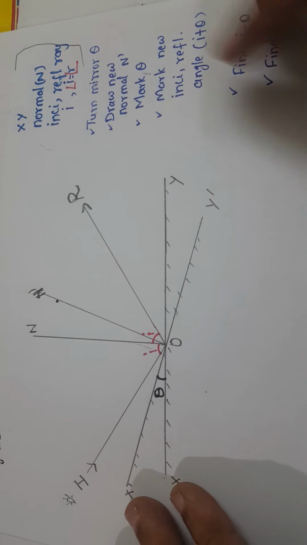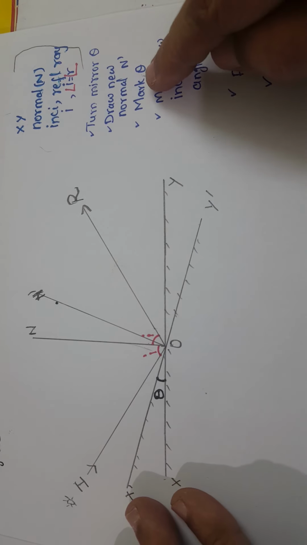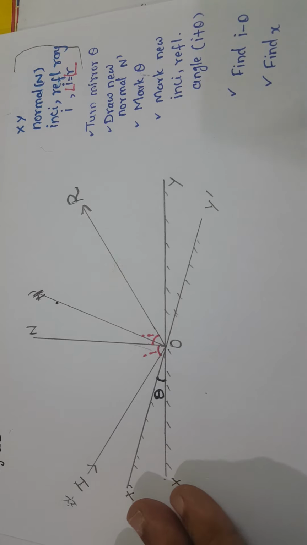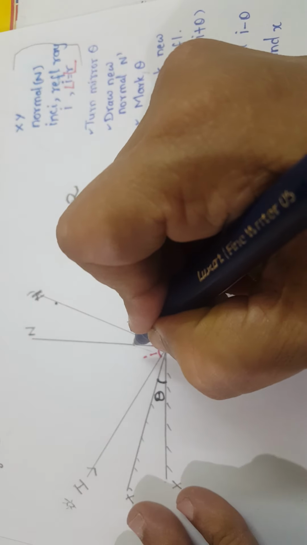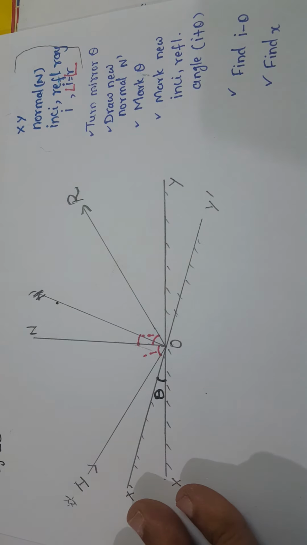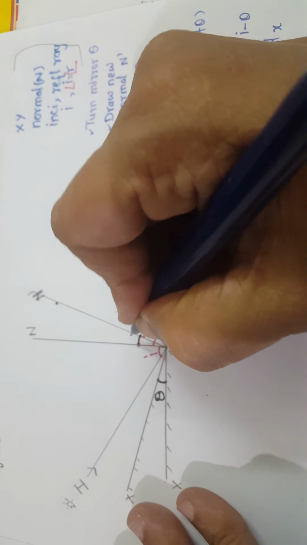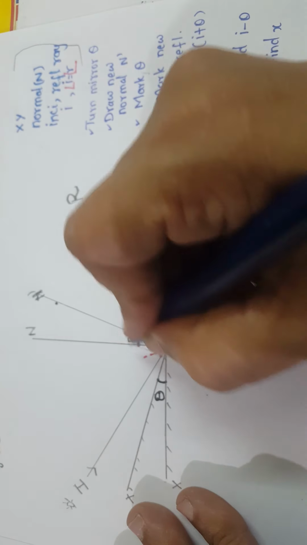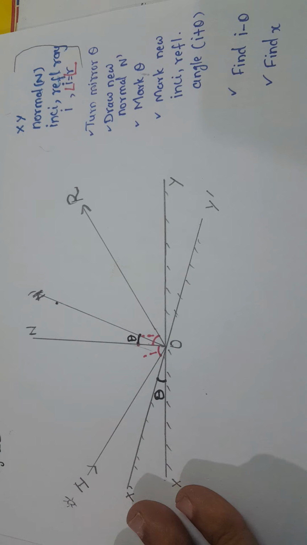Now after drawing the new normal, what should I do? I have to mark angle theta, right? So this new normal will also be equal to theta. Theta I have marked in the same color.